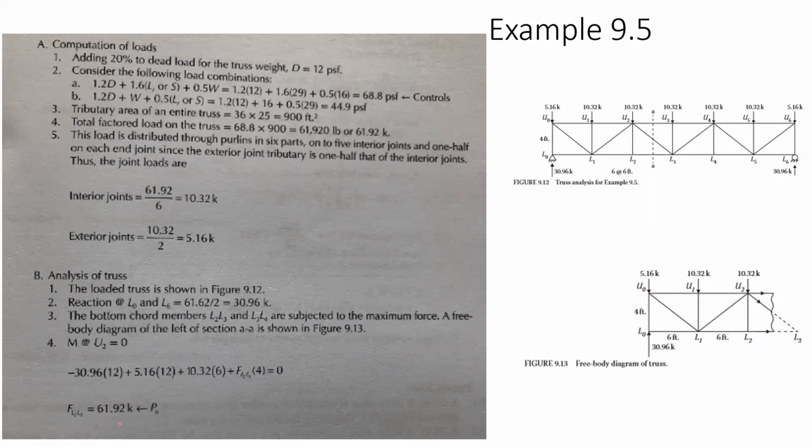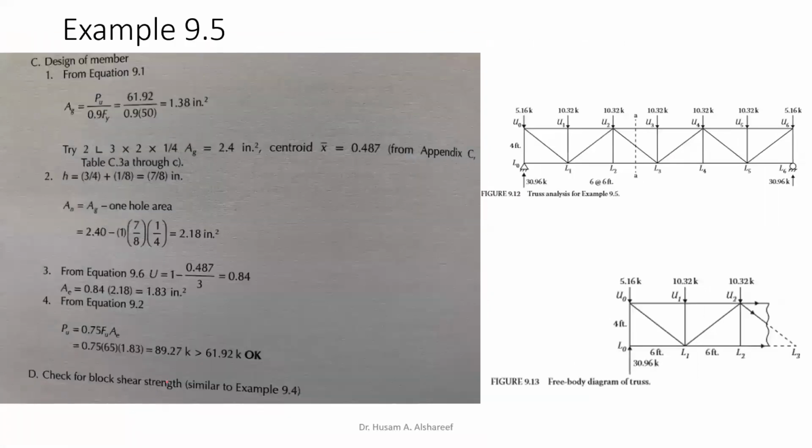So we will take this value according to the design procedure we went over in the previous lecture and design for it. Moving on, we use equation 9.1. If you remember, 9.1 is Pu equals 0.9 Fy Ag, which is the gross area.